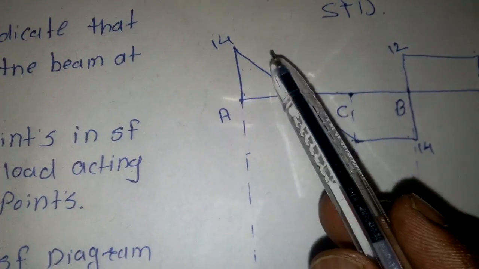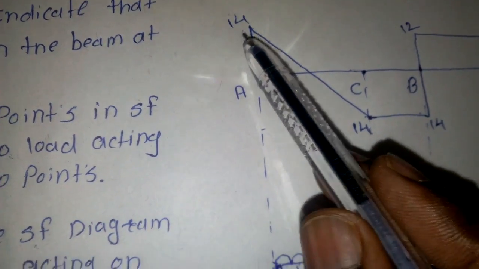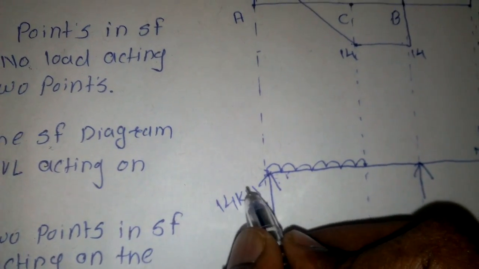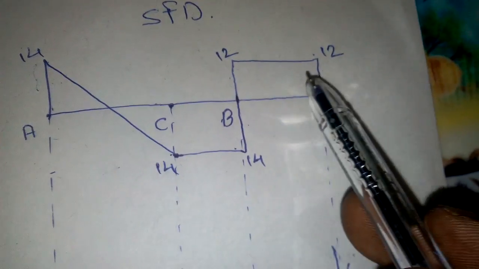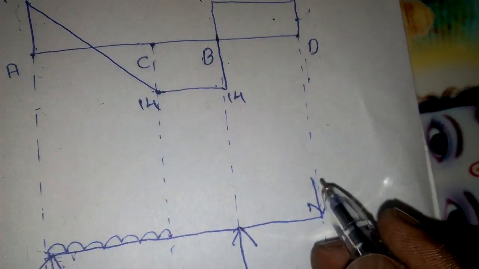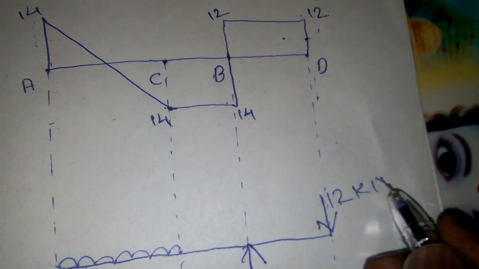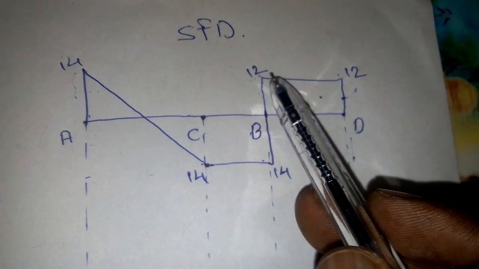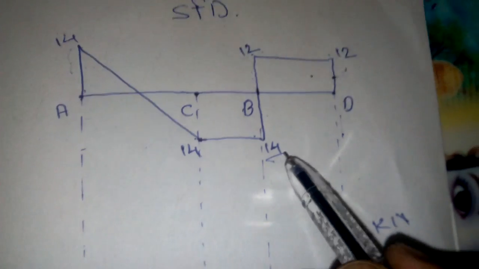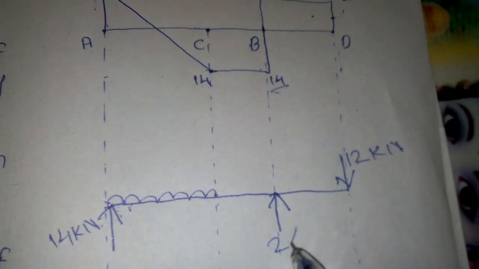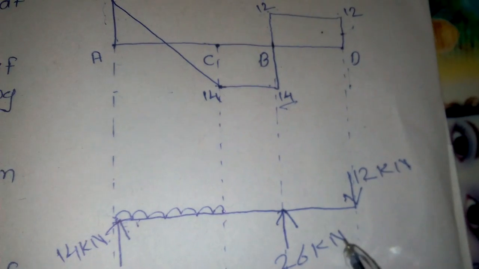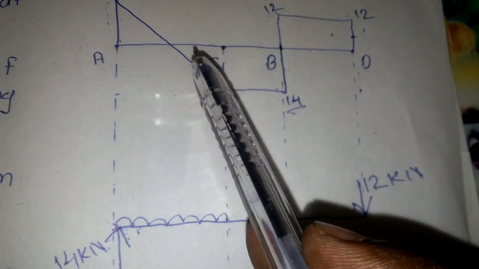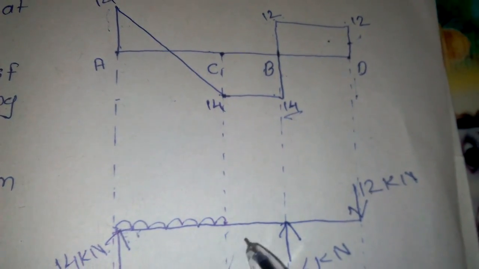This height is 14, meaning this force is 14 kilonewton, and this is 12, so it is 12 kilonewton. Now 12 kilonewton plus 14 kilonewton is 26 kilonewton. From C to B there is a straight line, so there is no loading.